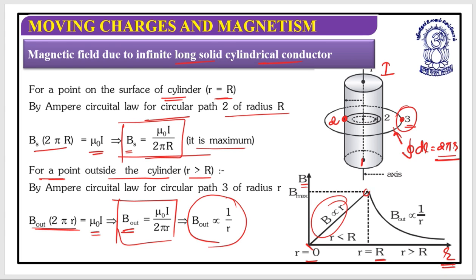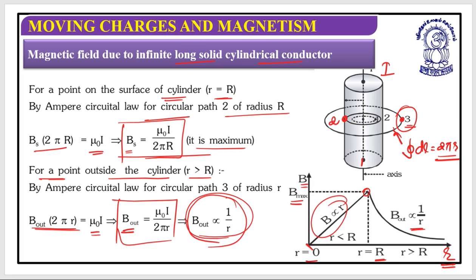On the surface, it is the maximum possible, and when we move outside the cylindrical conductor, it starts decreasing according to the relation 1 by r. So this would be the plot for the magnetic field versus distance r.